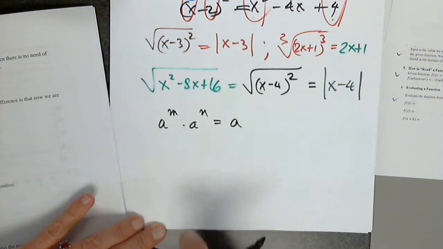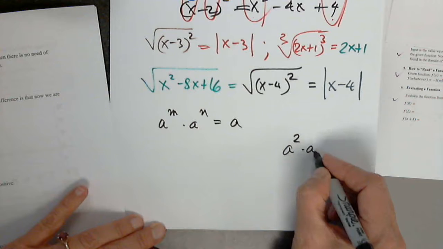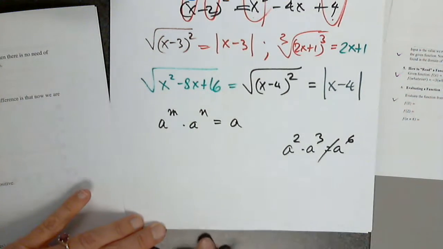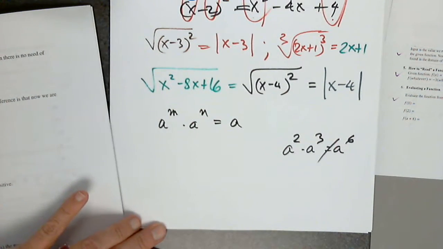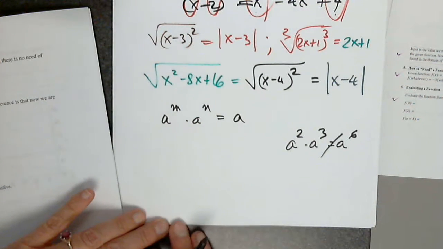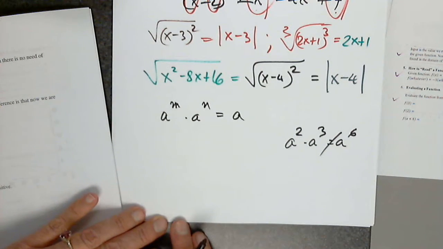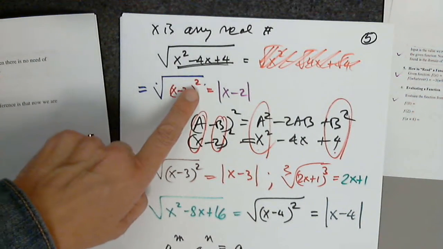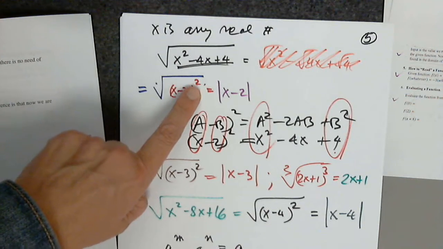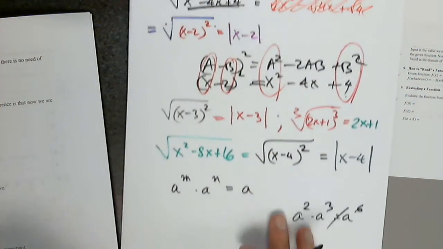No, we cannot multiply. So a squared times a to the third is not a to the sixth. Copy the base. What happens to the exponents? I cannot divide exponents unless I have a radical. That's the only time I divide exponents.